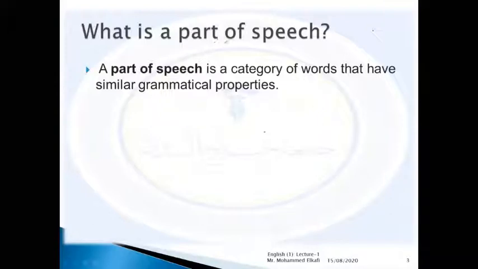When we say category of words, that means word classes, okay? Words that have similar grammatical properties. They have the same grammatical properties, so they are similar.